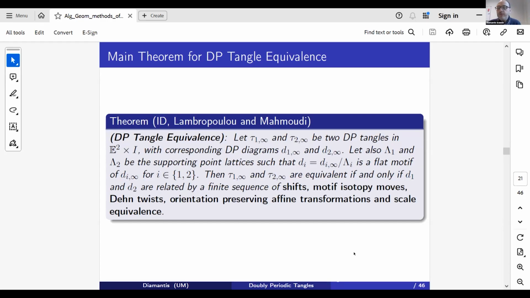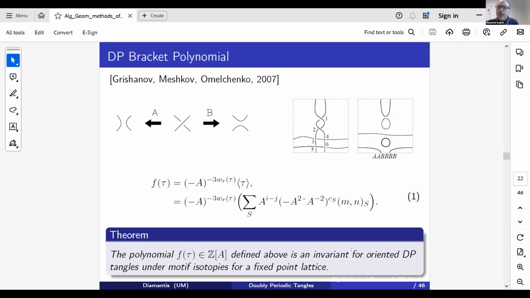What would be the next step? The next step would be to try to construct invariants. Do we have invariants? As I mentioned before, we do. So Grishanov, Meshkov, and Omelchenko in 2007, almost 20 years ago, constructed the classical bracket polynomial.